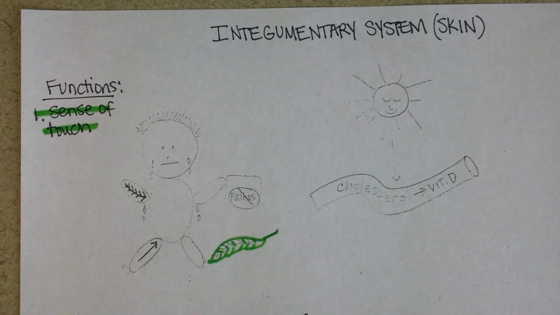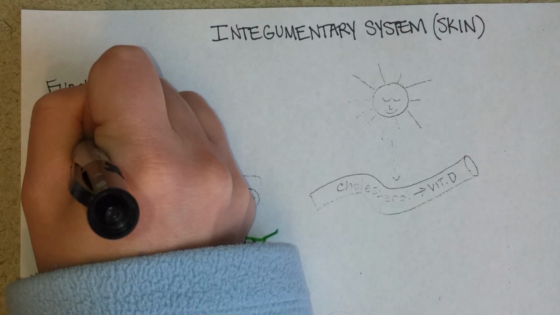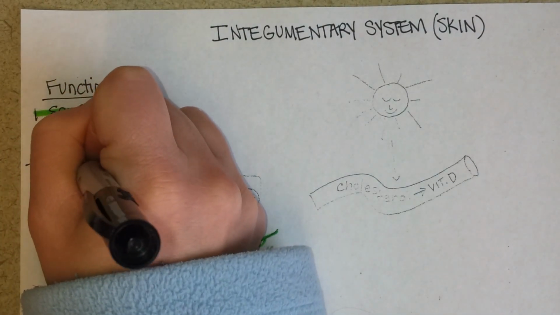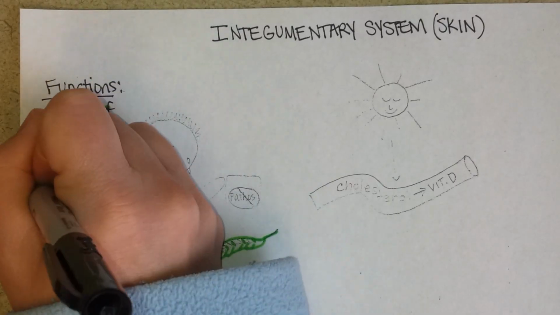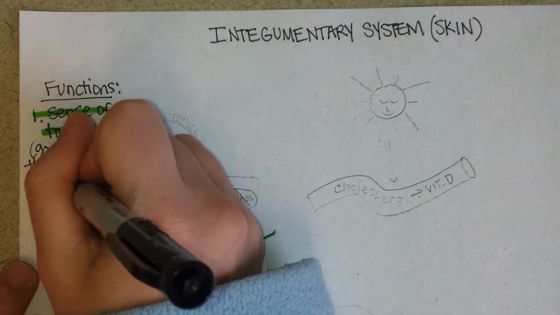You have sense of touch all over your body. It tends to be greatest in the fingers, the lips, and probably not surprising to any of you, the genitalia.